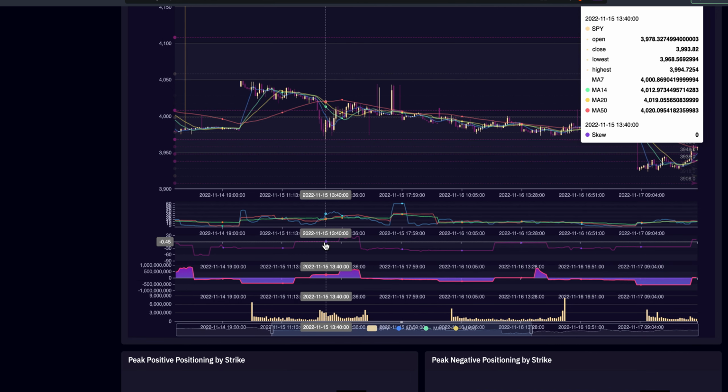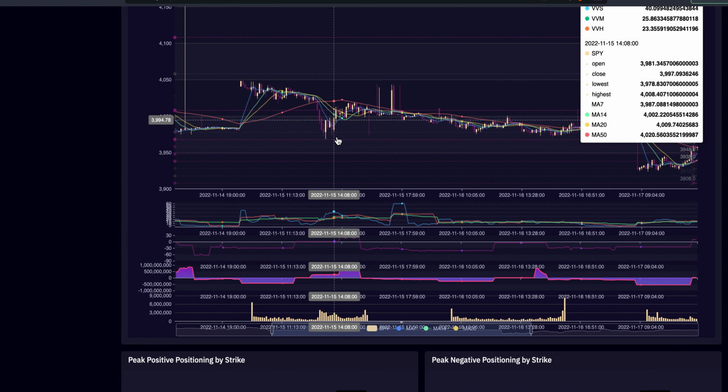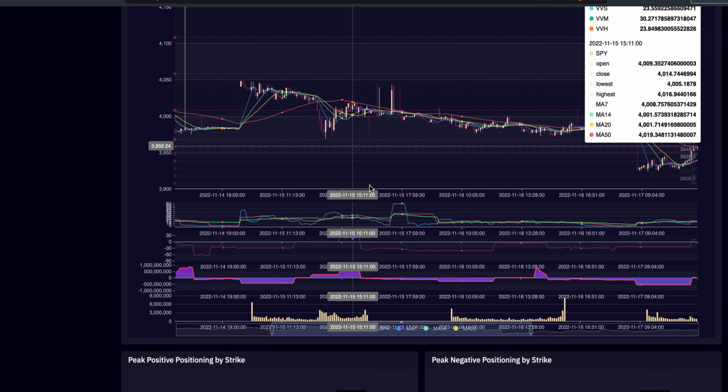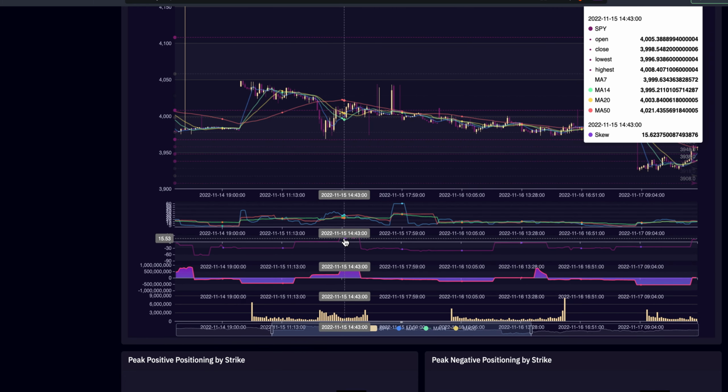You can also then see skew started to pick up, and when skew picked up, that trend up basically began to cap again, right? So like this bit here, overall skew went pretty positive.